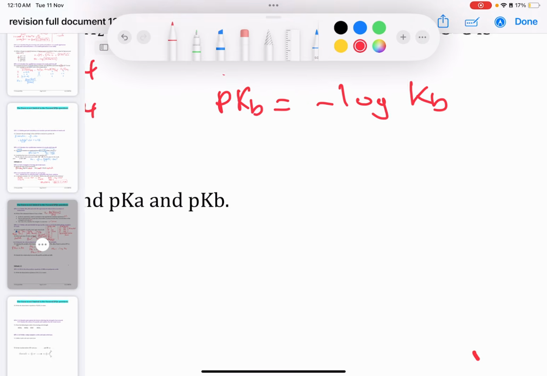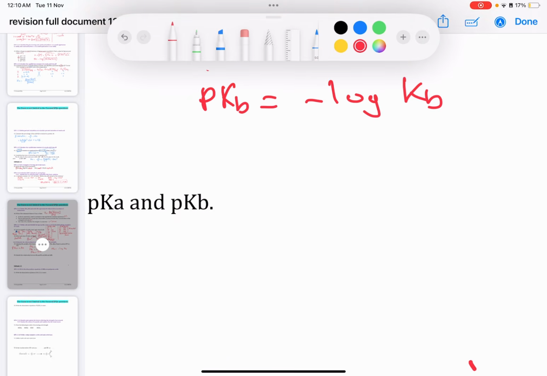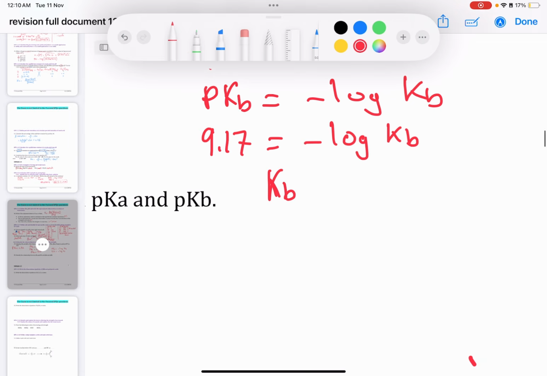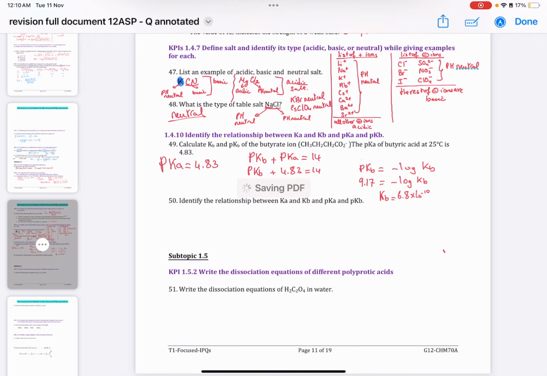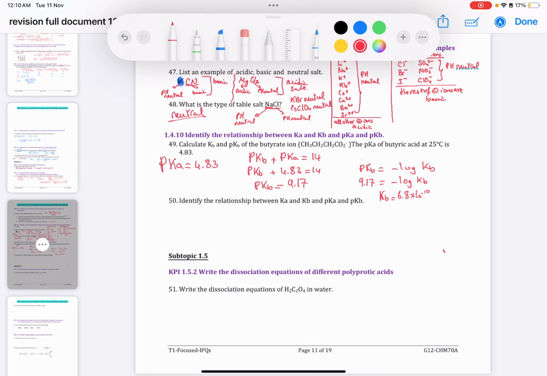So I am going to substitute for pKb, that is 9.17 equal minus log Kb, and Kb is going to be equal to 6.8 times 10 to the power negative 10. I also could have used a different formula and found Ka first from the given pKa, and then use the formula of Ka times Kb equal 1.0 times 10 to the power negative 14 to calculate the Kb.